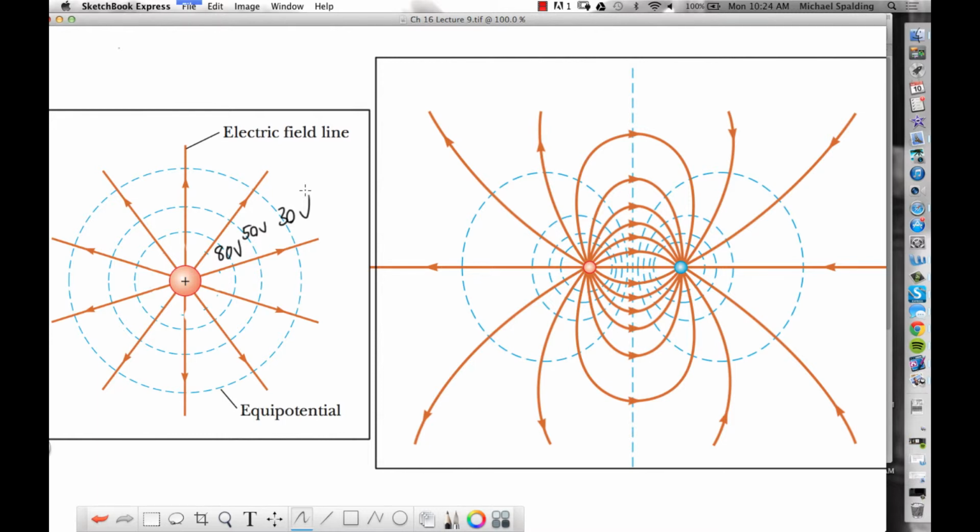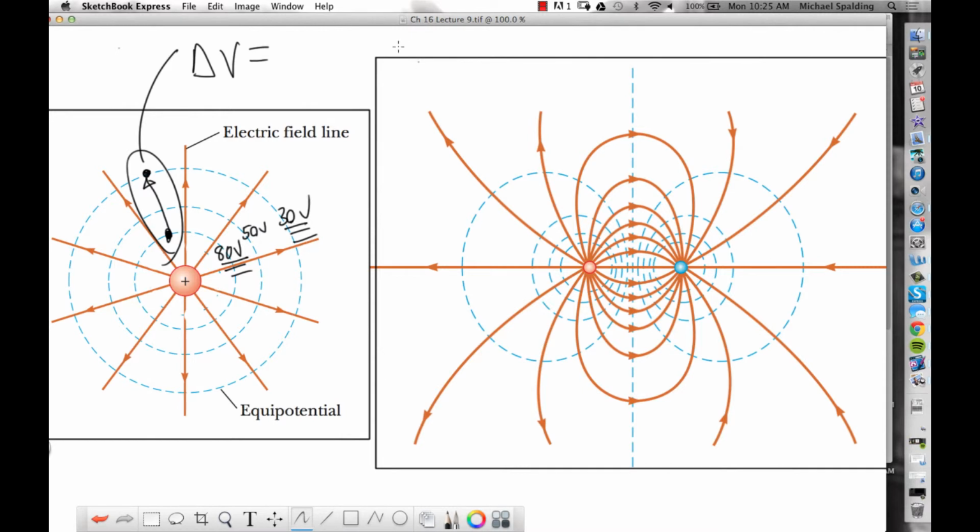So then the question could be something about moving a charge from, say, here to there. What's going to be the important thing about those two points? The change between those two points. We start at 80 and we end at 30.